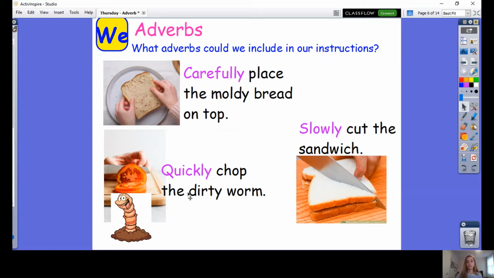So I have chosen a dirty worm, and I'm going to do that really quickly because I don't want to do it slowly because it's gross. I'm going to do it nice and quickly so it's nice and over with, and then I can chuck it in my sandwich. So have a think now. Pause the video and have a think. What adverbs are you going to use in your method today? Can you tell me some of your ideas? Really good ideas. Fantastic.